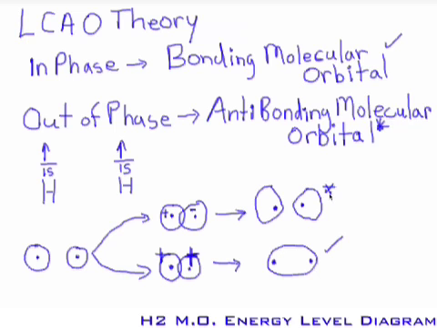Now what's interesting is if we go right back to remembering why atoms bond in the first place, it's to get to lower energy. Overlapping in phase produces a lower energy orbital. Overlapping out of phase produces a higher energy orbital.